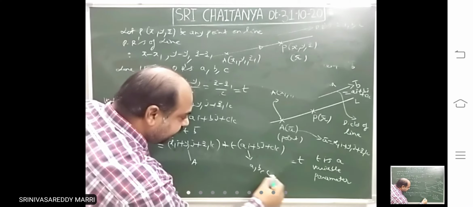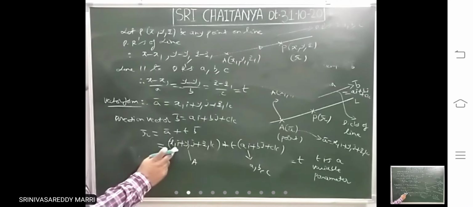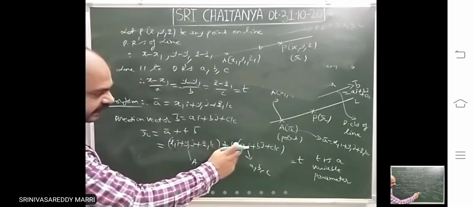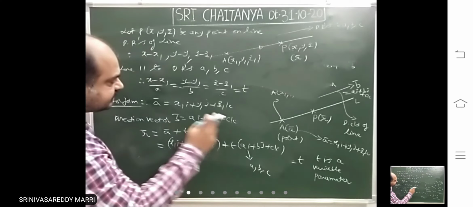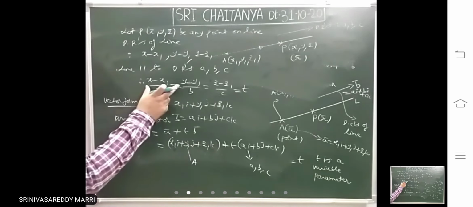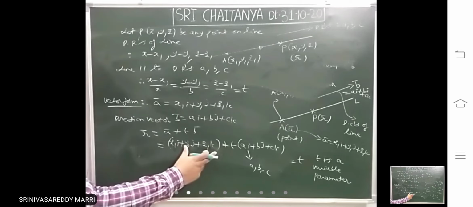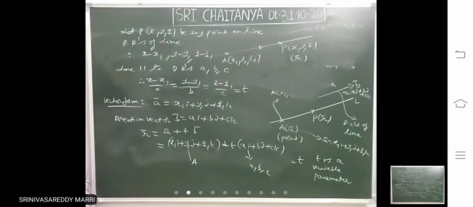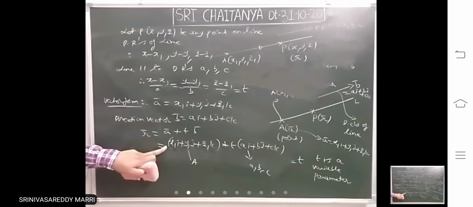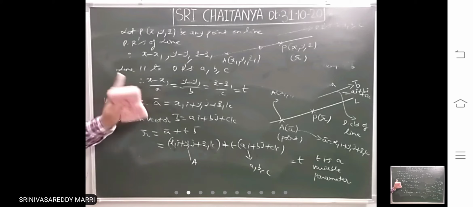DRs are A, B, C. Then you take this point x1, y1, z1 and DRs A, B, C. If this is given, this can be written. This T is here, and you will get T here. Like that, Cartesian form and vector form. Sometimes he will give the answer in this form, sometimes in that form. Both are convertible.